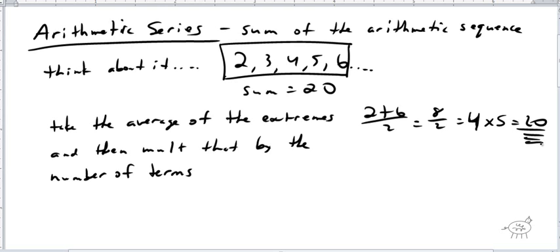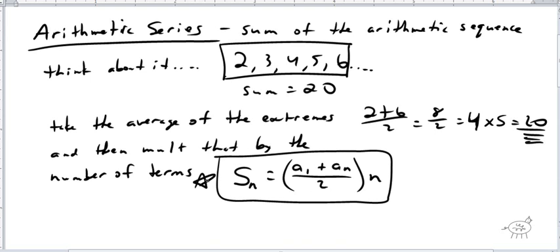So let's actually come up with a formula here. Here's the formula, S sub n. This S stands for sum, equals the average of the extremes. So it's a sub 1 plus a sub n, a sub n being the last term, a sub 1 being the first term. The average of those times n being the number of terms.